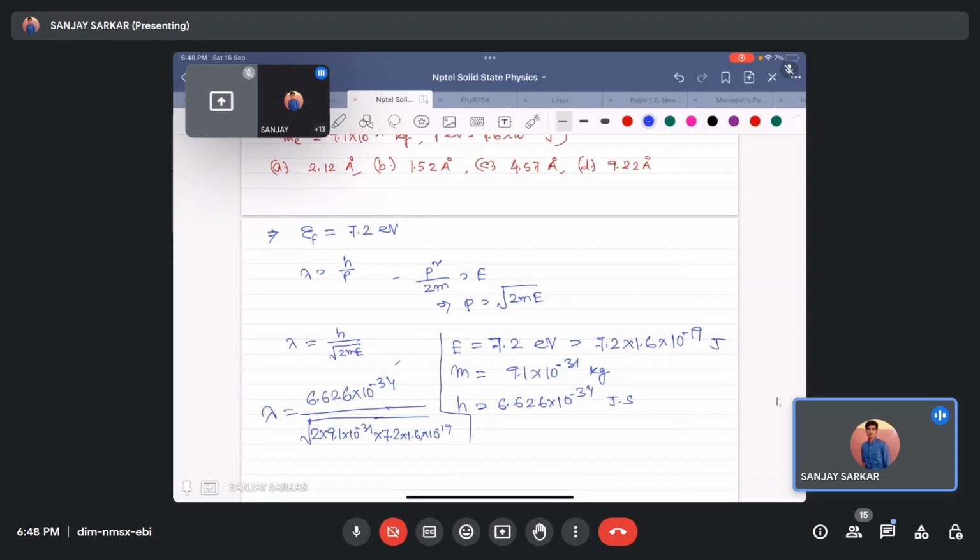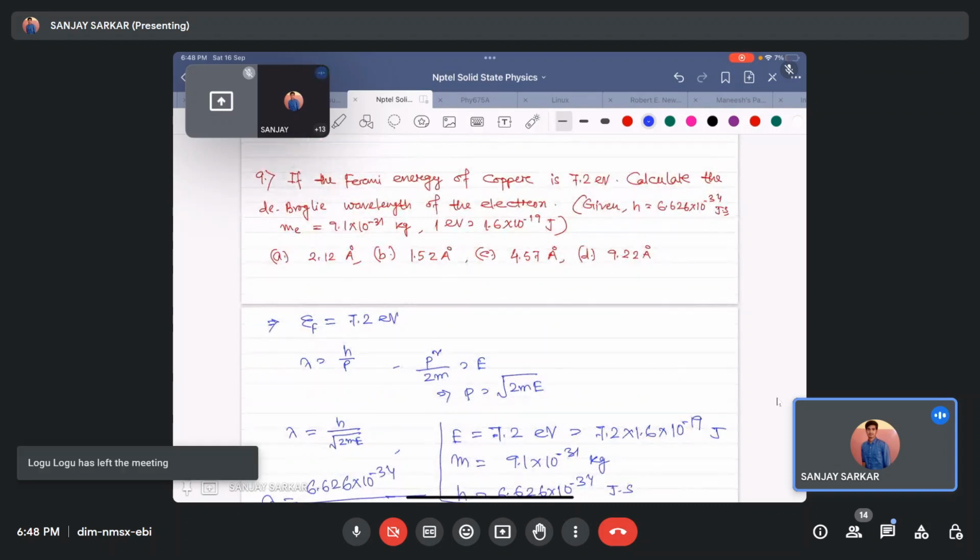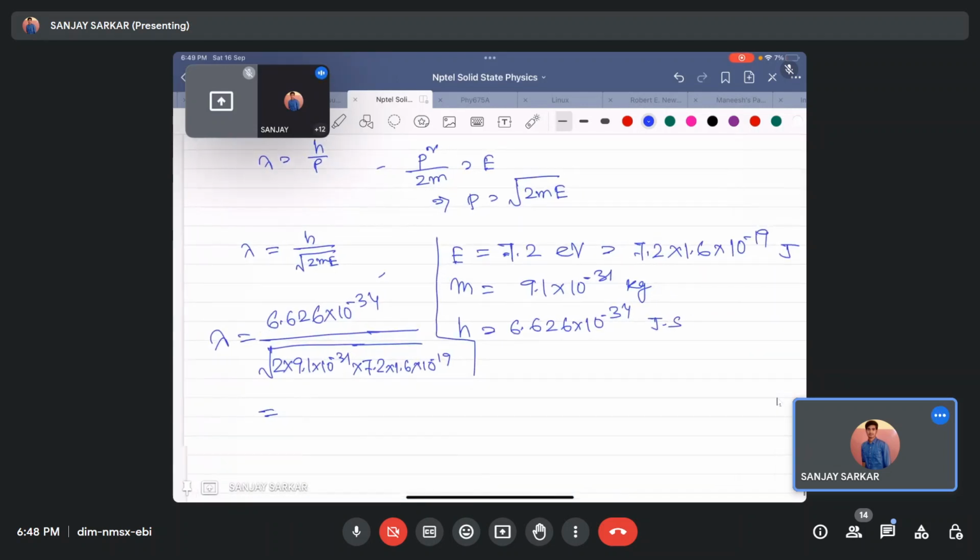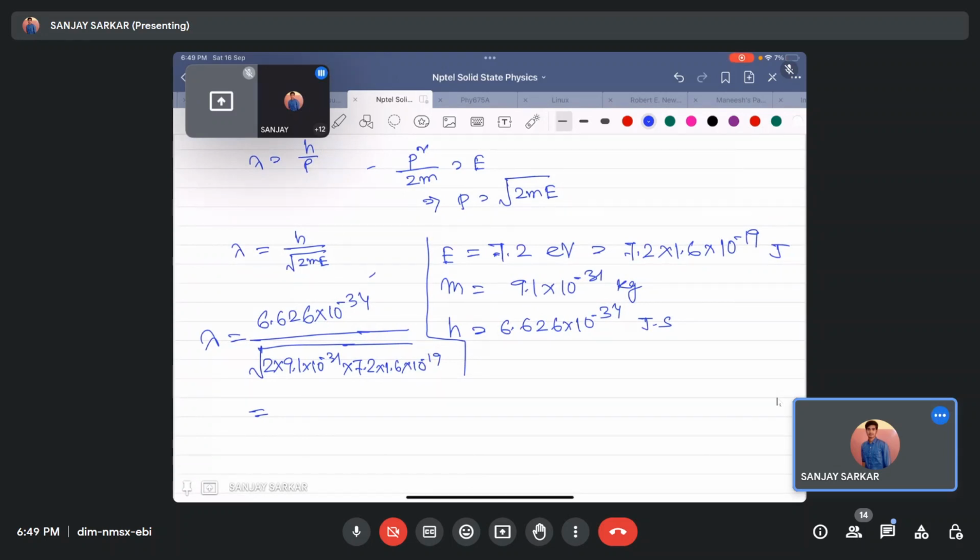So if you put all the values, then you will get, let me check. Everyone calculate this in the calculator. 2 into 9.1 into 10 to the power minus 31, into 7.2 into 1.6 into 10 to the power minus 19.